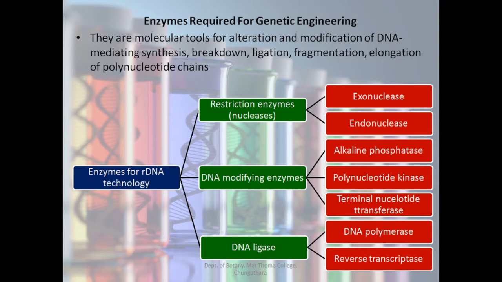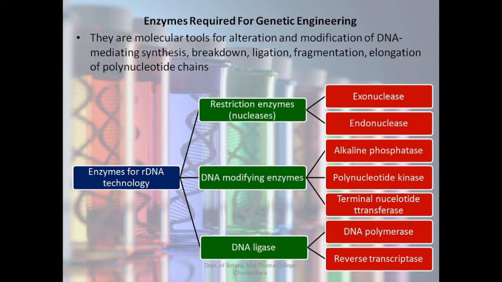If we classify the enzymes used for rDNA technology, we have three different groups. Mainly they are nucleases, DNA modifying enzymes and DNA ligase. DNA nucleases or restriction enzymes are of two types: exonuclease and endonuclease.